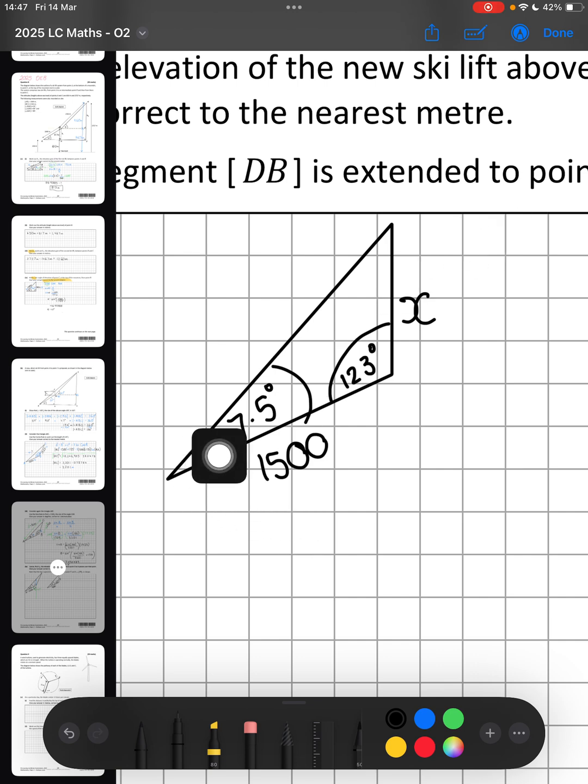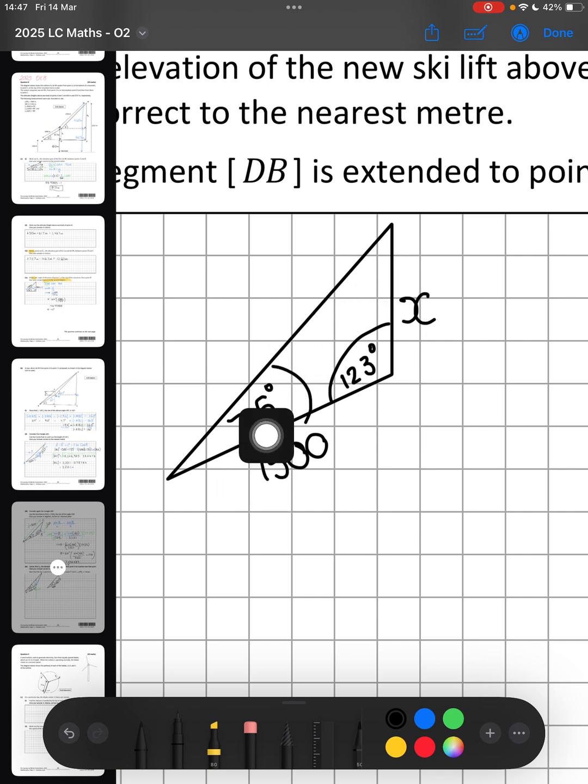So now I am looking at a triangle where I have two sides and two angles. We just discussed the fact that in the sine rule, it has to be the two sides opposite the two angles, and that's not the two sides I'm working with.